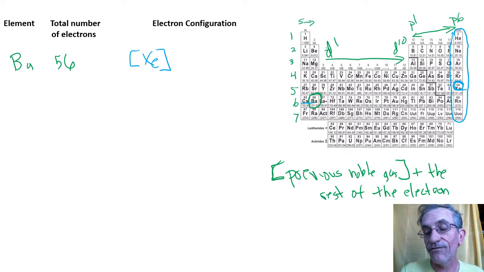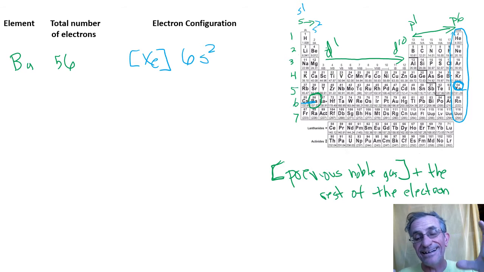So from xenon, from 54, I've got to get back through this area. What level are we in there? We're in the sixth row, so 6. And it's going to end in what? These guys were S2, weren't they? Second column over. S1, yeah, S2. So it's going to be xenon followed by 6s2. So instead of writing 1s2, 2s2, all that mess, you just write xenon, and then the term after xenon would be 6s2.